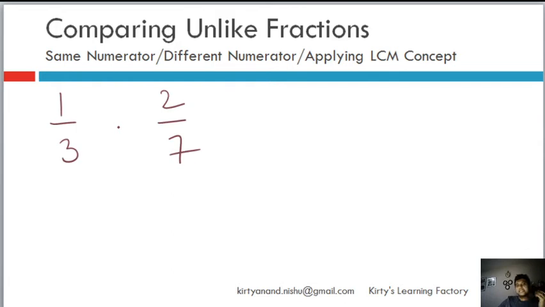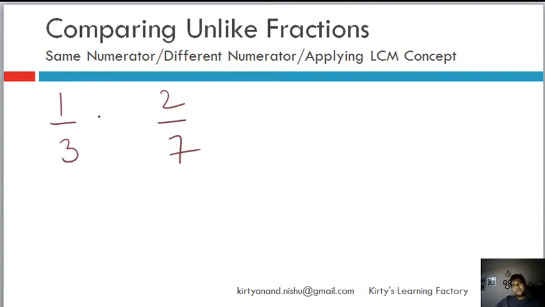Now in such cases, we will apply the concept of LCM, the lowest common multiple, which we learnt about. What we will try to do is make the denominators the same so that they get converted into like fractions. So from unlike fractions, first we will convert them into like fractions.